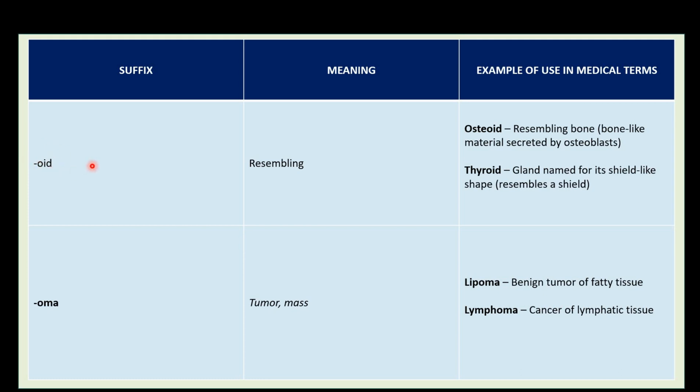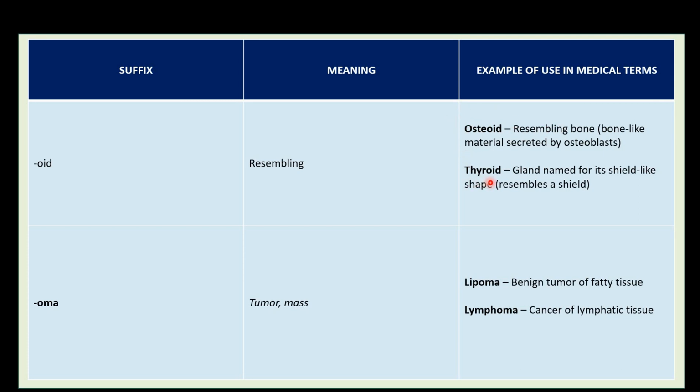Whenever we are using the oid suffix, there should be some sense of resembling. So whenever there is a discussion regarding resembling, in that case we will use the suffix oid. For example, osteoid. Osteoid means resembling bone, a bone-like material secreted by osteoblasts. So the material secreted by osteoblasts resembles bone, so we use the term osteoid.